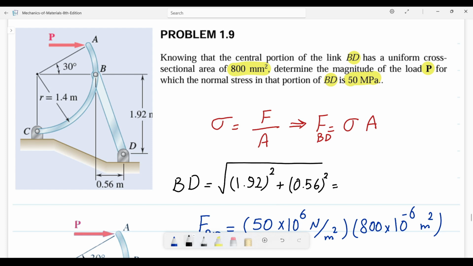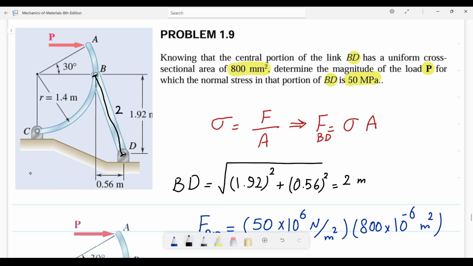I think it's approximately equal to 2 meters.